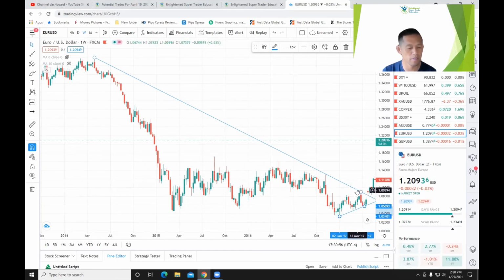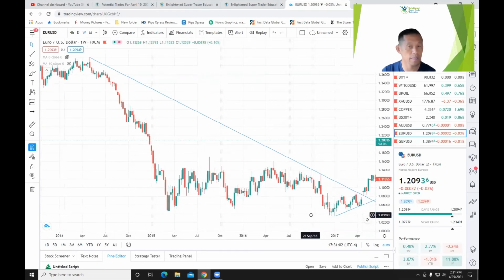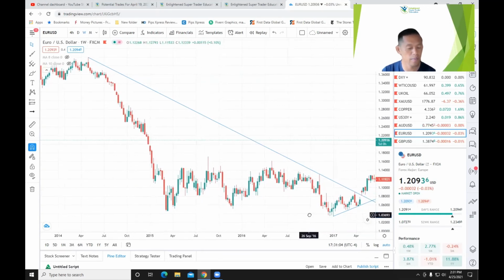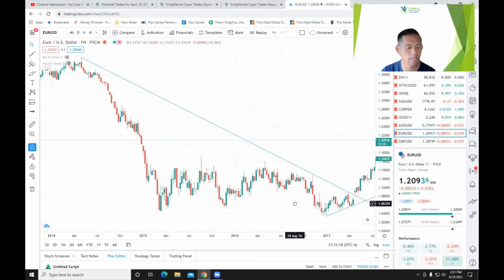In this particular case, what used to be a resistance is now a support. And notice in terms of the separation of price from the trend line, sometime in the future the price will touch that trend line. By law, they have to do that.